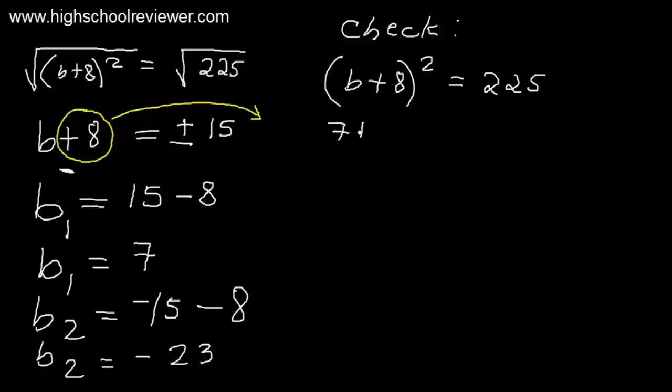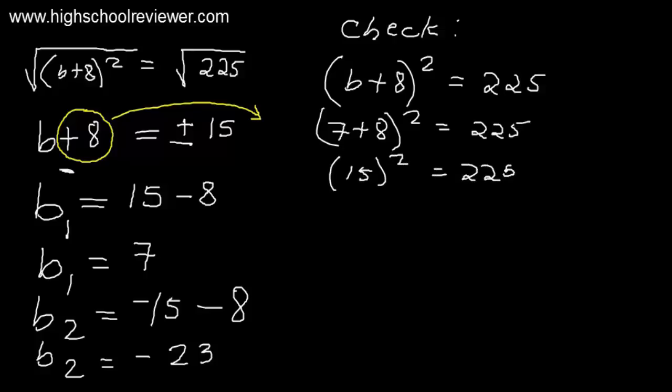So 7 plus 8 raised to the power of 2 equals 225. So we will have here 15 raised to 2 equals 225. 15 raised to 2, that is 225. So the first value for b, which is rather positive 7, is correct.